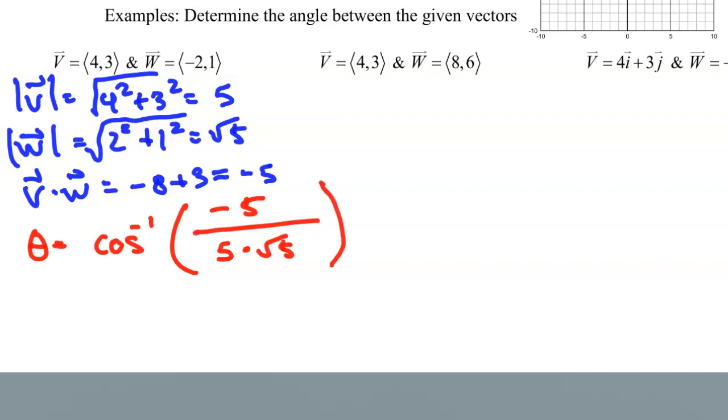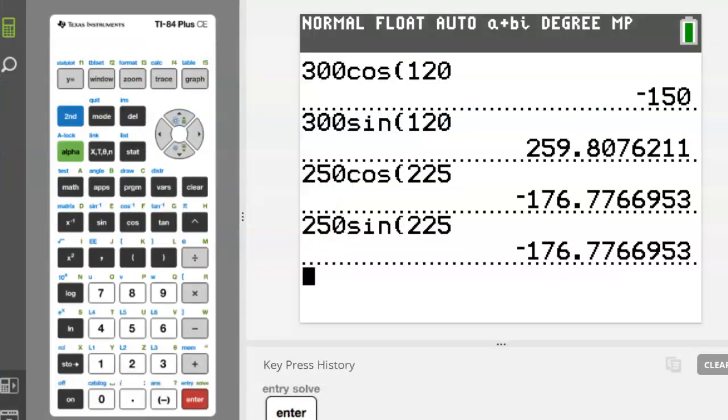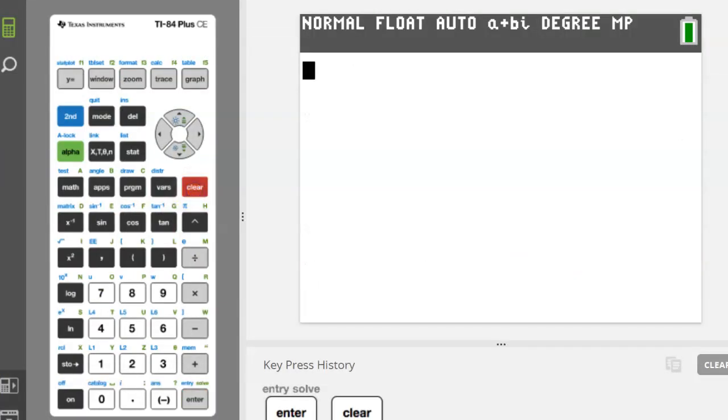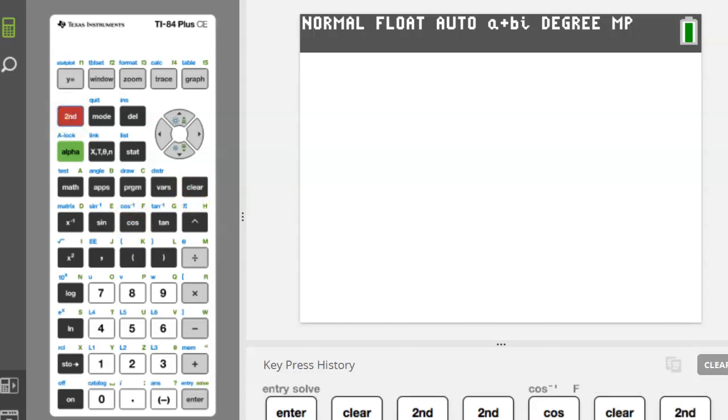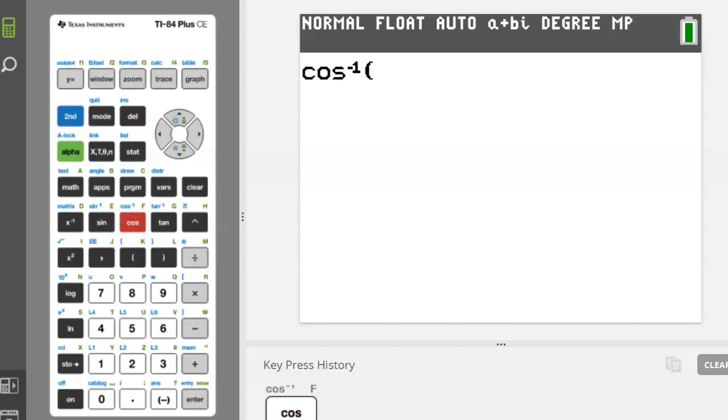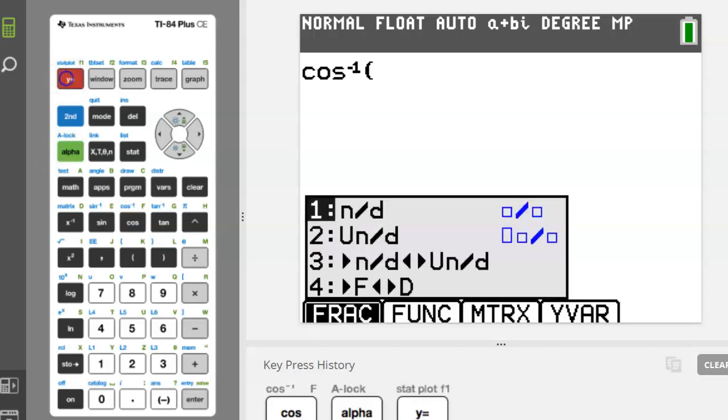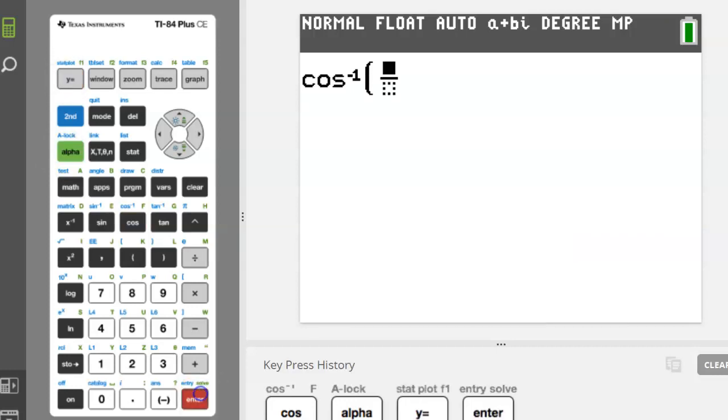Now, when you put this in your calculator, you have to do it one of two ways. One way to do it is to use this very special fraction key that we talked about before. So I'm going to do second inverse cosine, and this very special fraction key is alpha, y equals, enter, and now I get that nice fraction bar.